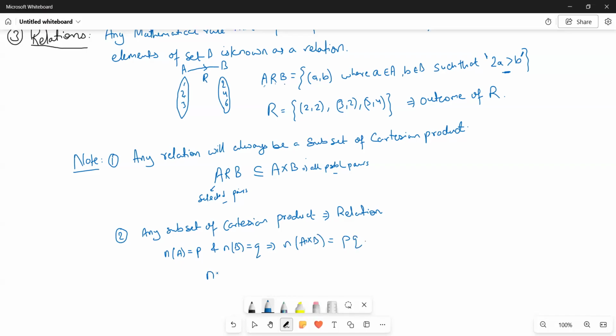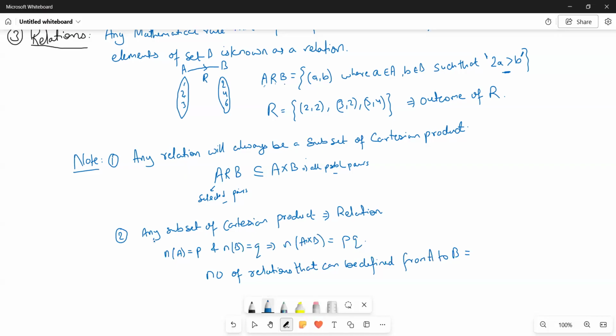In that case, what would be the number of relations that can be defined from set A to set B?